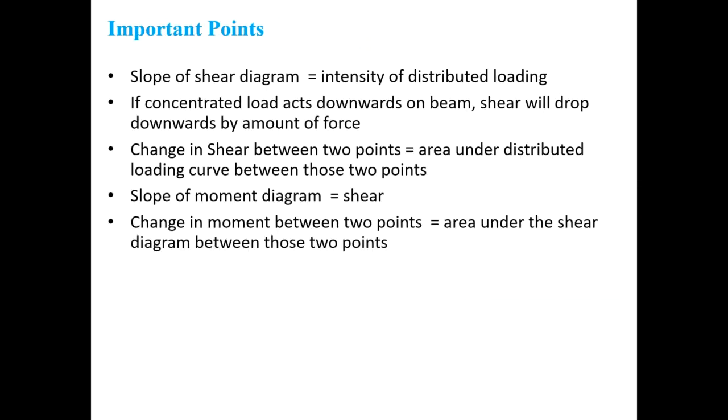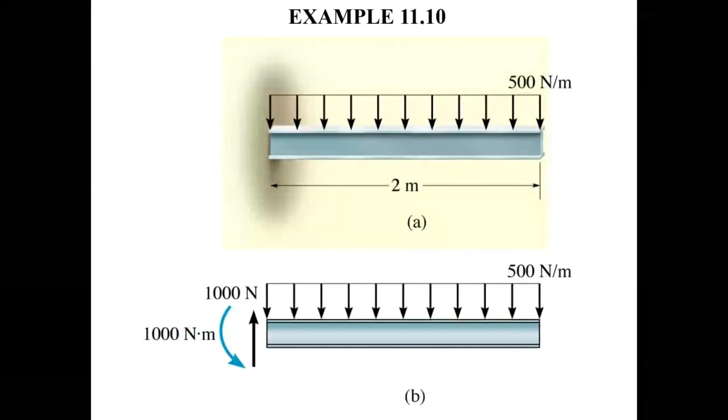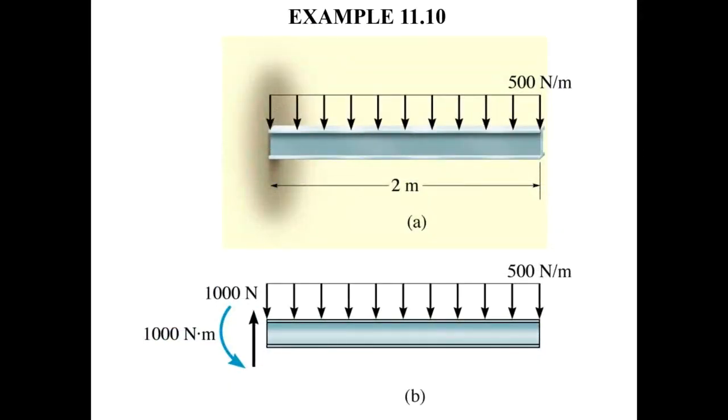We just started with something very simple. Why is this one discontinuous? Because we do have a point load in the middle, and the w of x is 0, so the integral of the 0 is constant.